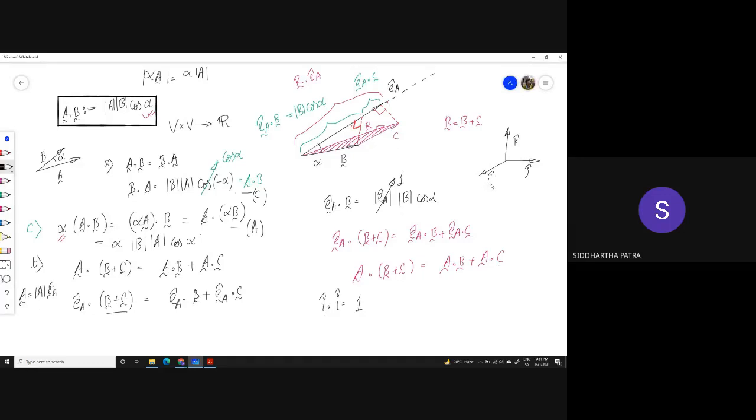Of course, because these are unit vectors, the magnitudes are 1, and if you multiply with cos 0, eventually you get I dot I equal to 1. And the same is true for j dot j and k dot k.